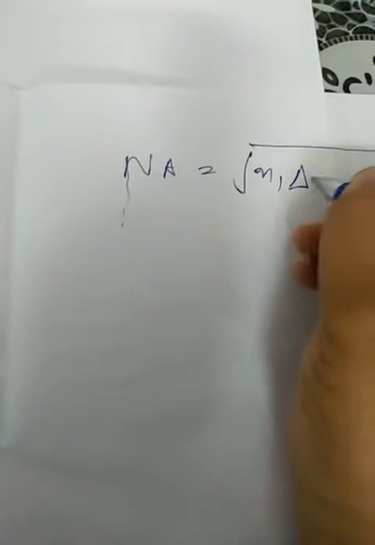We know that delta is equal to n1 minus n2 upon n1. So n1 minus n2 can be written as delta into n1. So numerical aperture can be written as under root of n1 into delta into n1 plus n2.